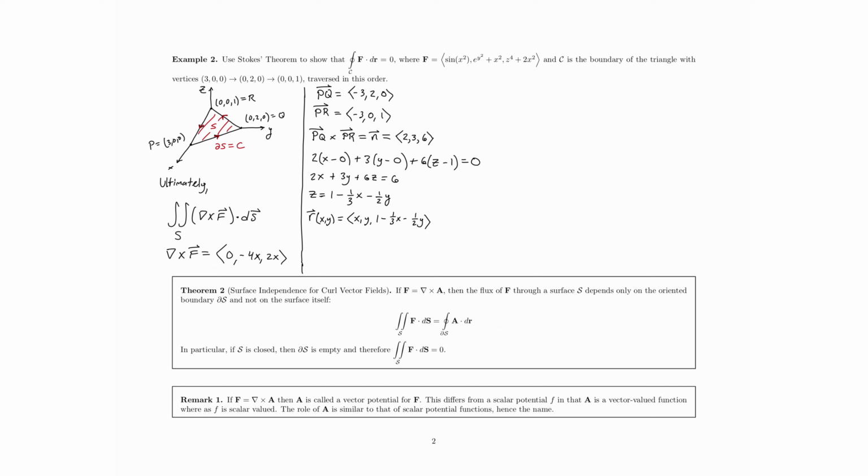And in a previous video, we talked about how whenever you parameterize something like this, so if you have z equals a function of x and y, you are always free to parameterize it like this, in which case your normal vector, depending on how you cross them, is effectively going to be negative fx, negative fy, 1, or if you do it in the opposite order, ry cross rx, this would be fx, fy, -1.